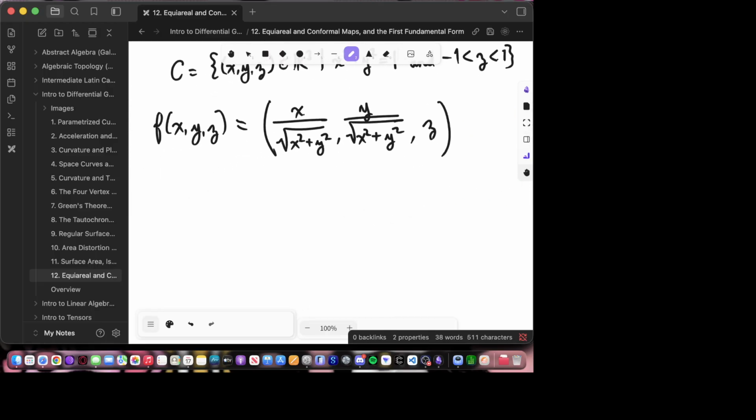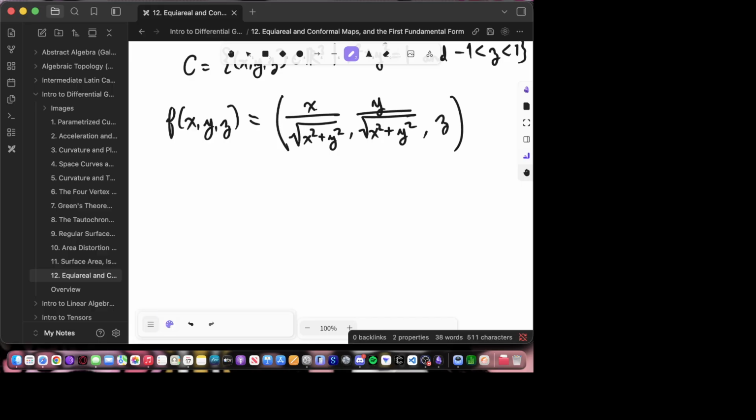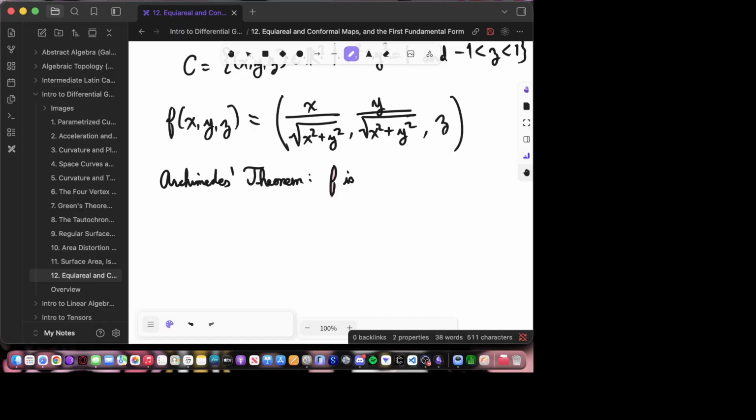And we claim that this function, we'll call this Archimedes' theorem, F is equiareal.